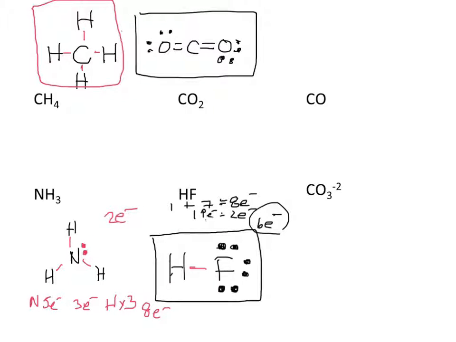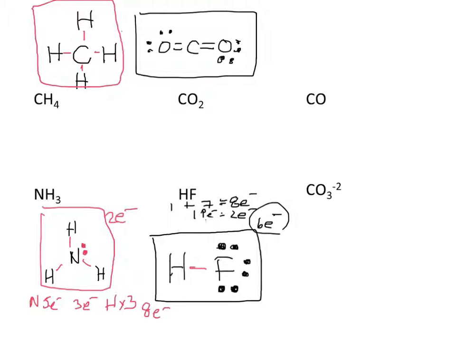The octet around nitrogen is satisfied, and the duet around hydrogen is satisfied. So this is the correct structure for ammonia. And you need to put those lone pairs in there, otherwise the structure is not accurate, just like you need to put these unbonded pairs of electrons around each oxygen in the CO2, or that's not an accurate structure.